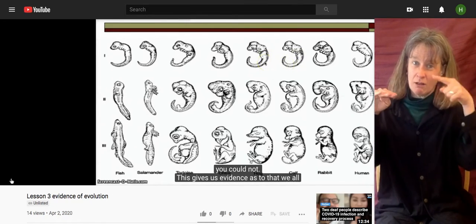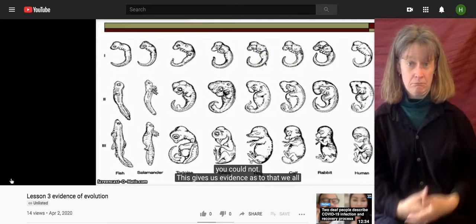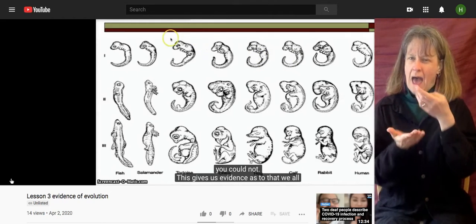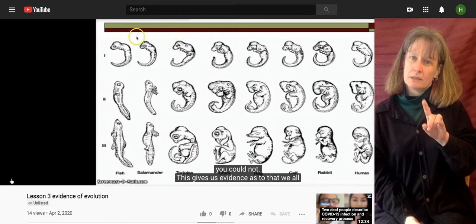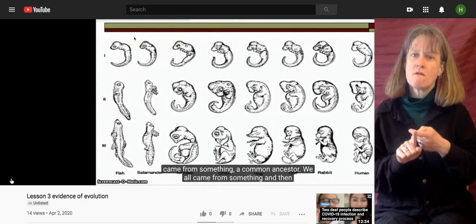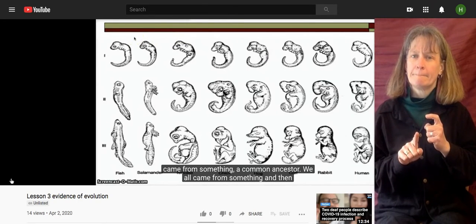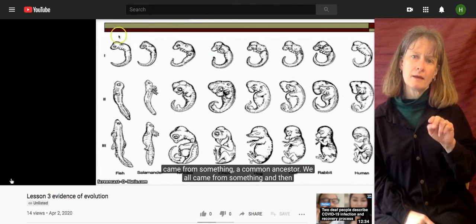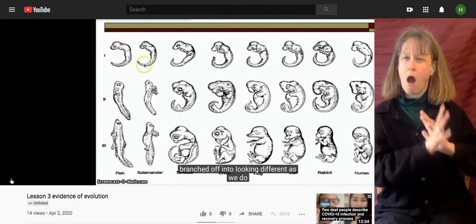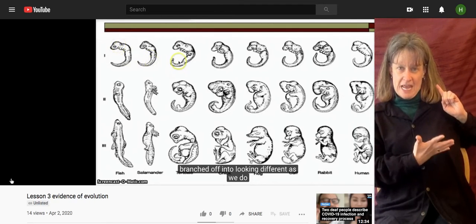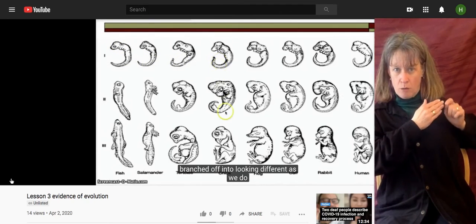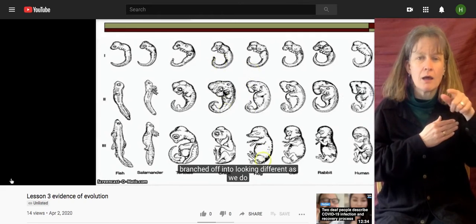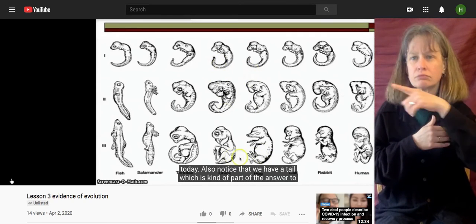This gives us evidence that we all came from something, a common ancestor. We all came from something and then branched off into looking different as we do today.